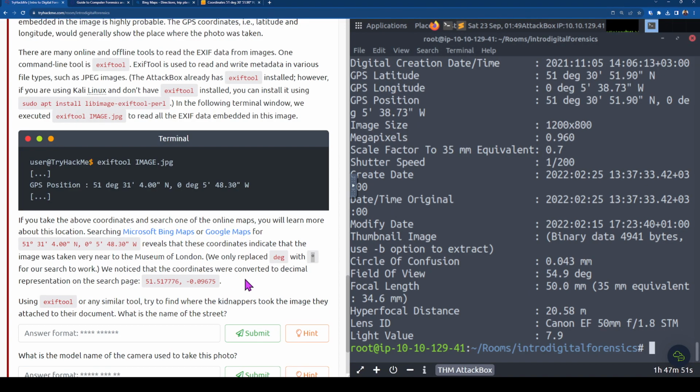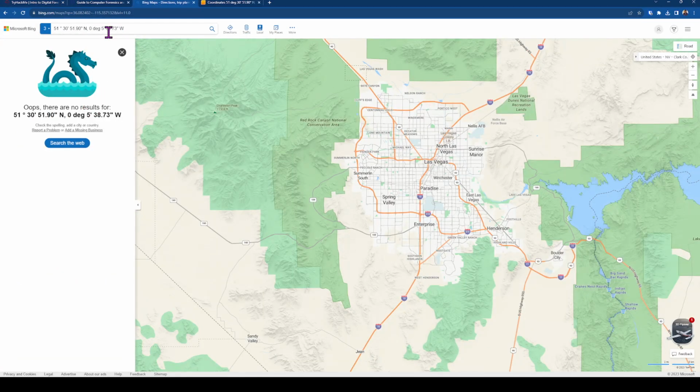Okay, we noticed that the coordinates were converted to decimal. Okay, so we could try to convert the coordinates to decimal. That might be easier. So that's the only thing. Oh, there was another degree. I just didn't see it. I feel like everything is so small.